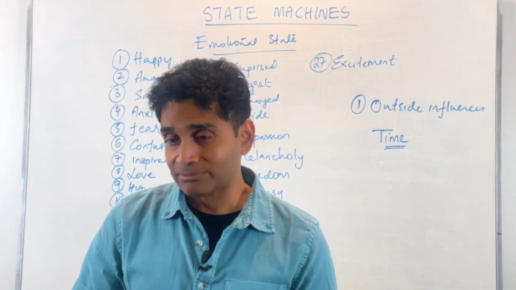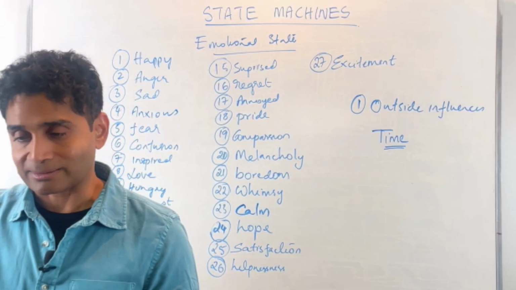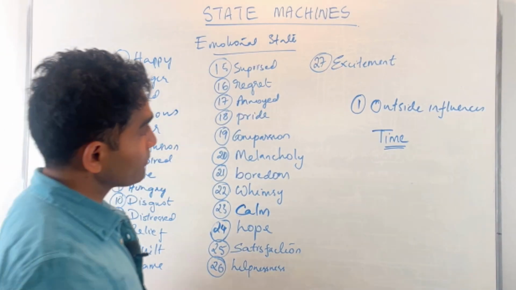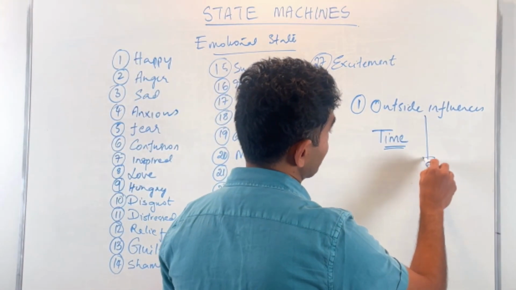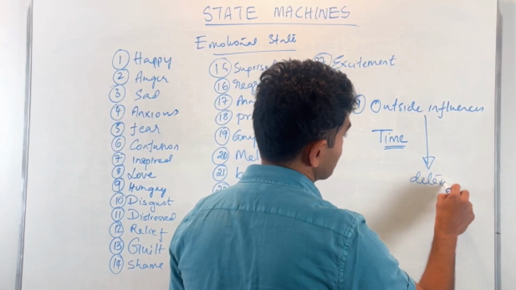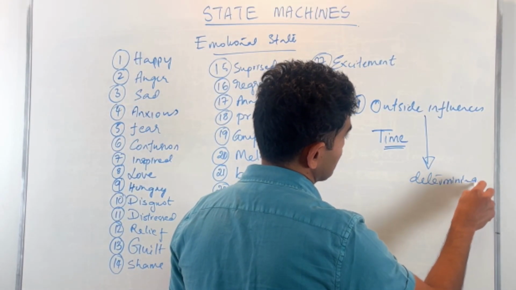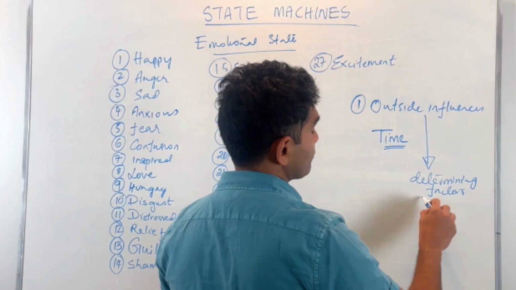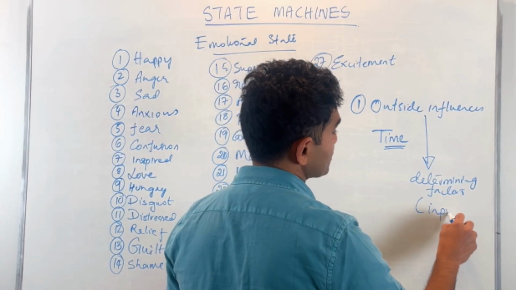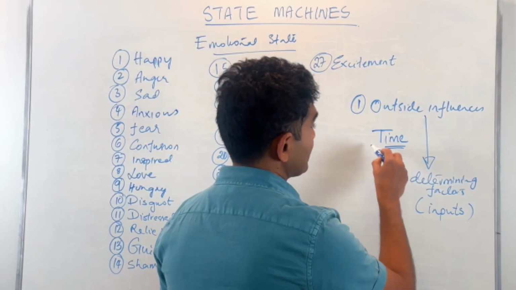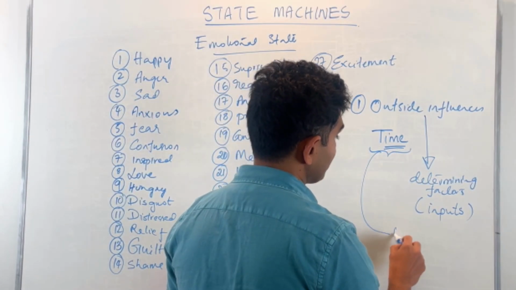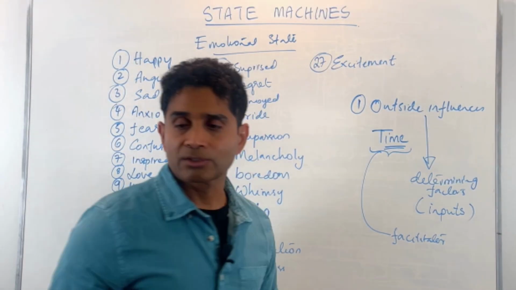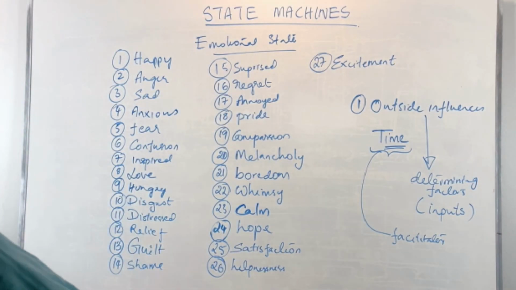But then it's time that takes us from one state to the next state. Okay, so that's something to keep in mind. These are the determining factors. You can think of these as the inputs to your system, and time is the facilitator to transition between multiple different states.